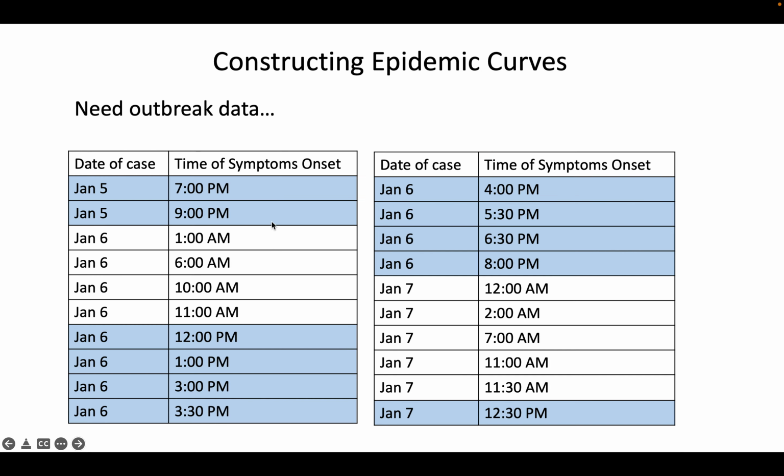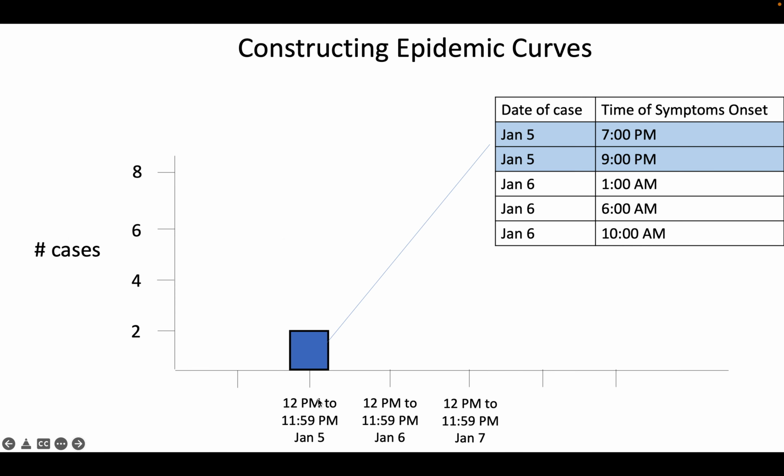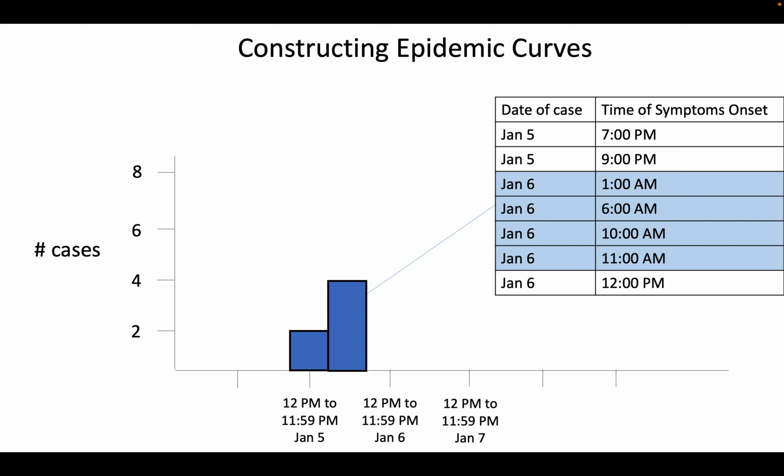So we can separate these into intervals, where two people fall in this first interval of 12 p.m. to 11:59 p.m. on the 5th. And we can keep doing that for each of these intervals that we established.